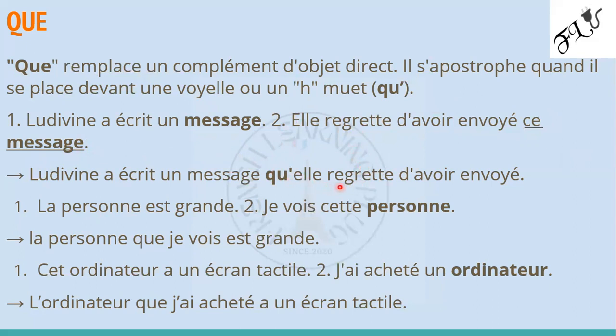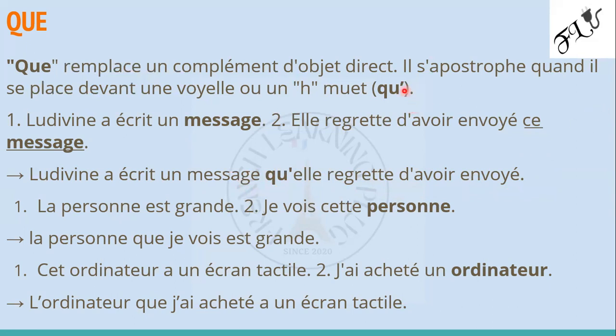Que now comes before the subject. So the sentence will just end after the verb, because the COD is now before the subject. Elle regrette d'avoir envoyé. Que here is message.